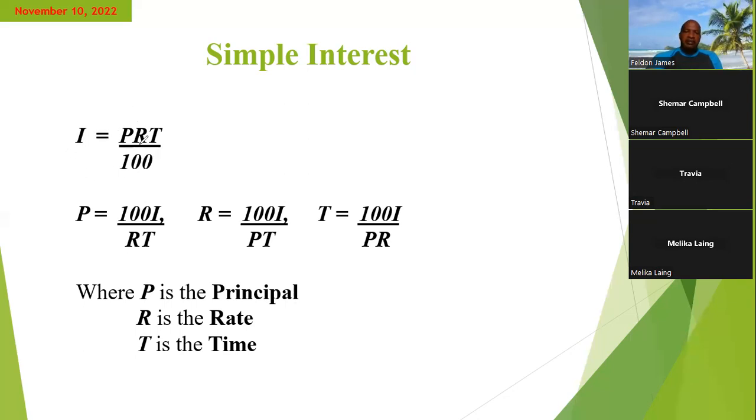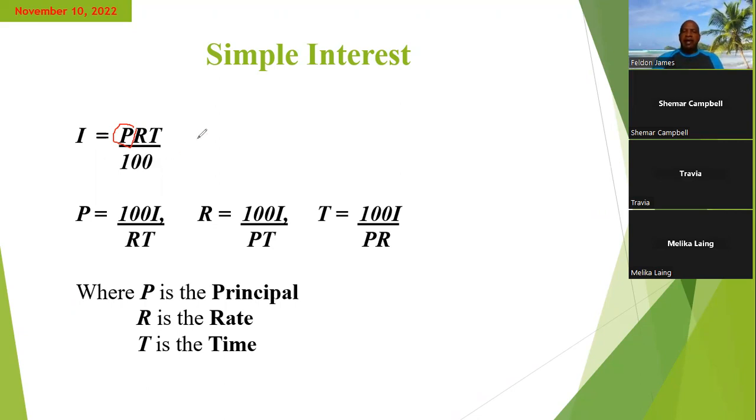How do we do that? To make P the subject of this formula, it means that everything on the side of P, we want to get them on the other side. All right, so on the right side of the equation, we notice that P is surrounded by R and T, and below we have 100.